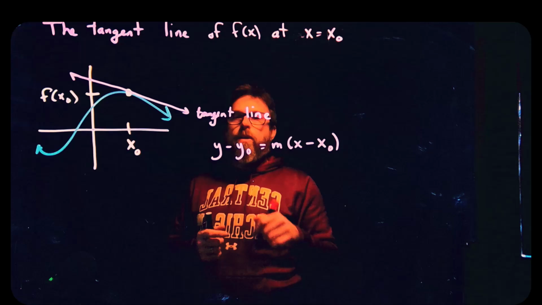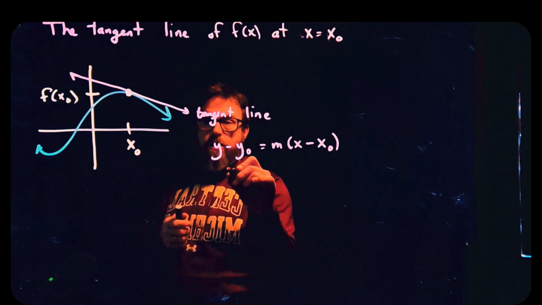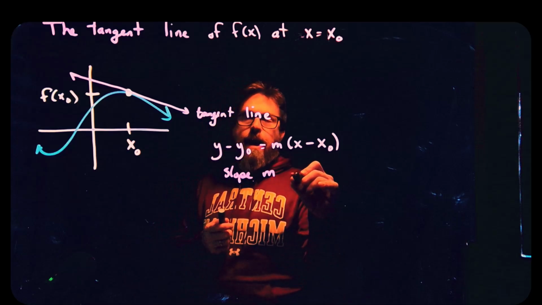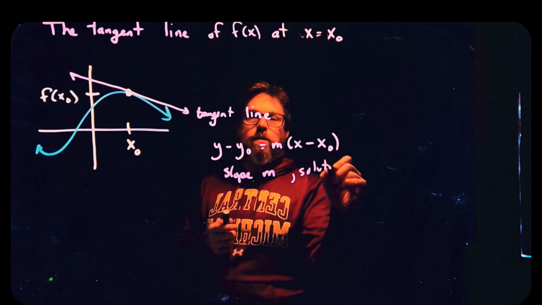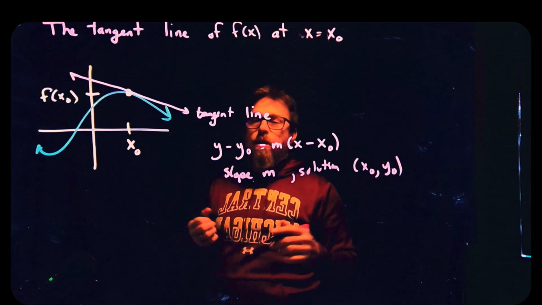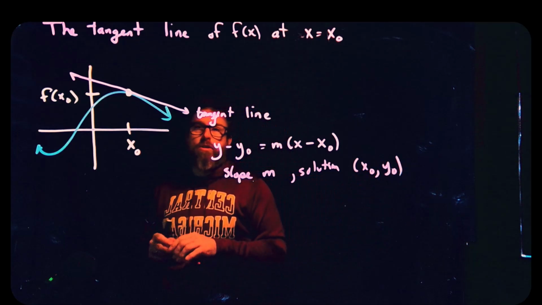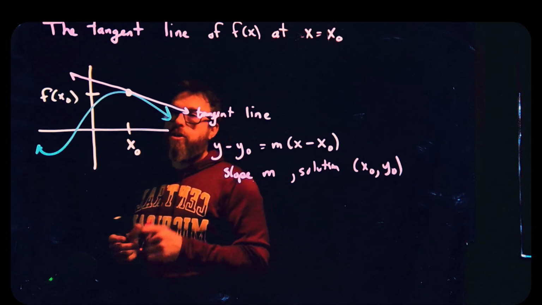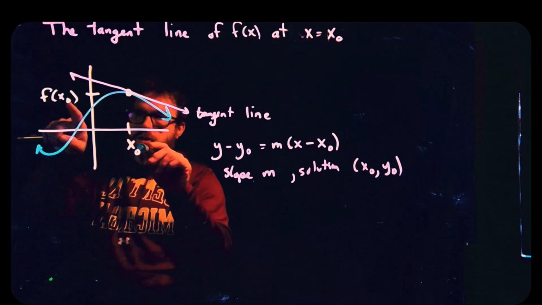So really, this has slope m, and it has a solution point of x naught comma y naught. As long as you know its slope and its solution point, then you can find the equation of that line. Again, the solution point is on the curve, right here.